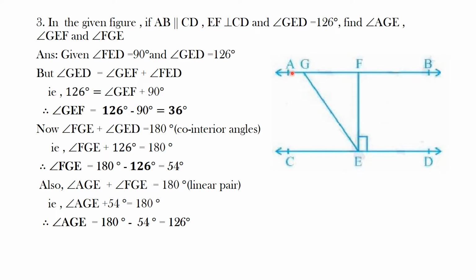We can find the value of AGE using another condition called alternate interior angles. We know AB is parallel to CD and GE is the transversal. Therefore, we can say AGE is equal to GED because alternate interior angles are equal.